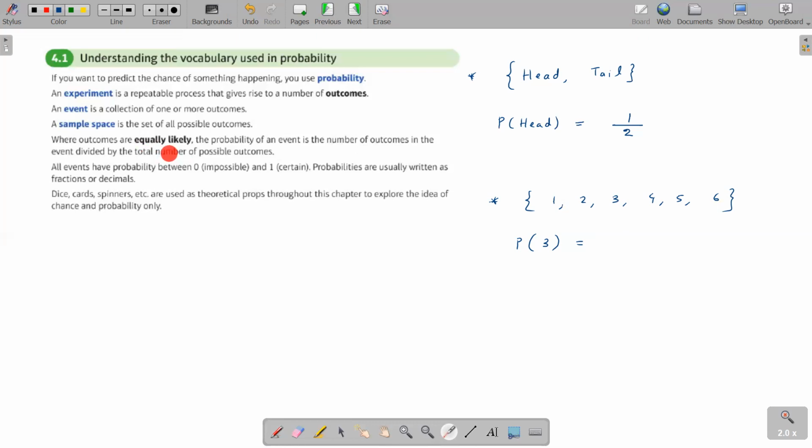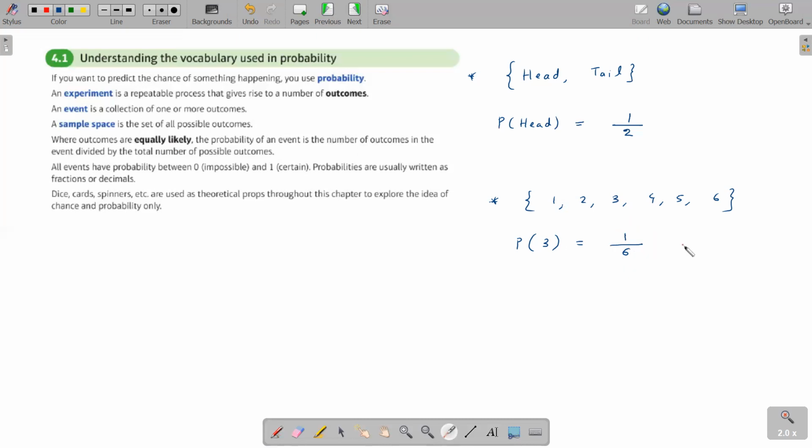Equally likely means every single side has an equal chance of being selected. You have altogether 6 outcomes here, so you'll write 6 at the bottom, and 3 is just one of the sides. So 1 out of 6. That's why they say where outcomes are equally likely, the probability of an event is the number of outcomes in the event, in this case getting a 3, so there's only one outcome, over 6.